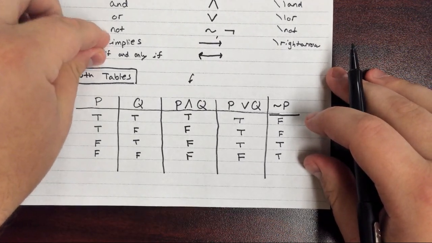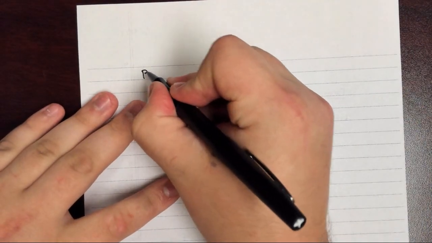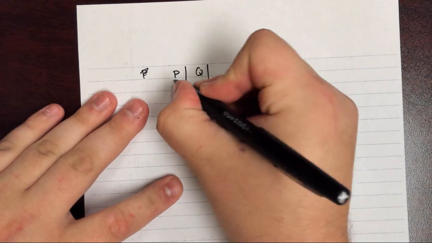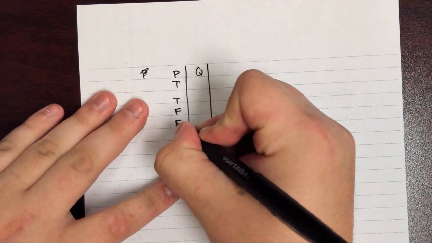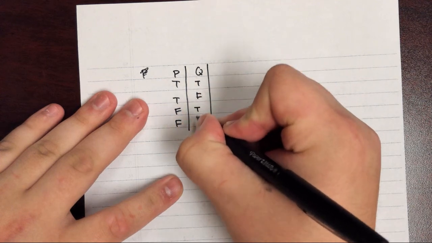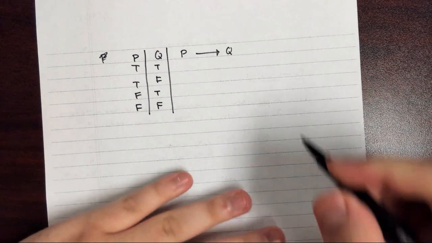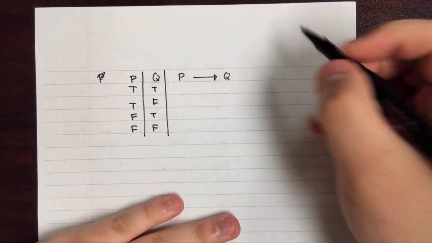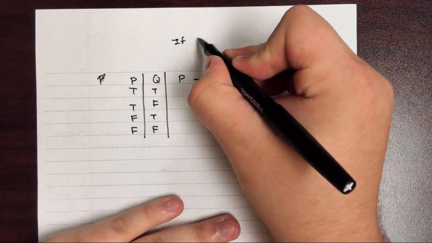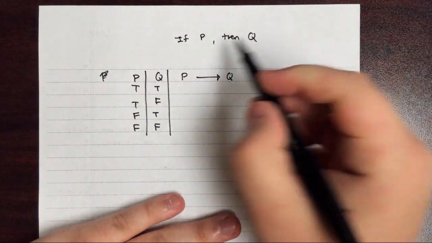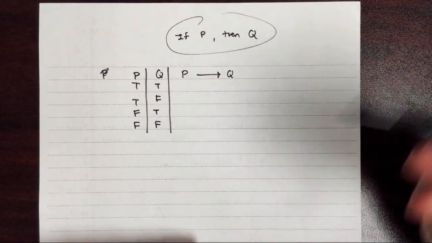Now the implies is a little bit tricky. So let's look at P and Q. Let me rewrite it. True, true. False, false. True, false. True, false. P implies Q. The way you can think about an implication statement is by saying if P, then Q. And this is going to be really important when we start developing theorems.